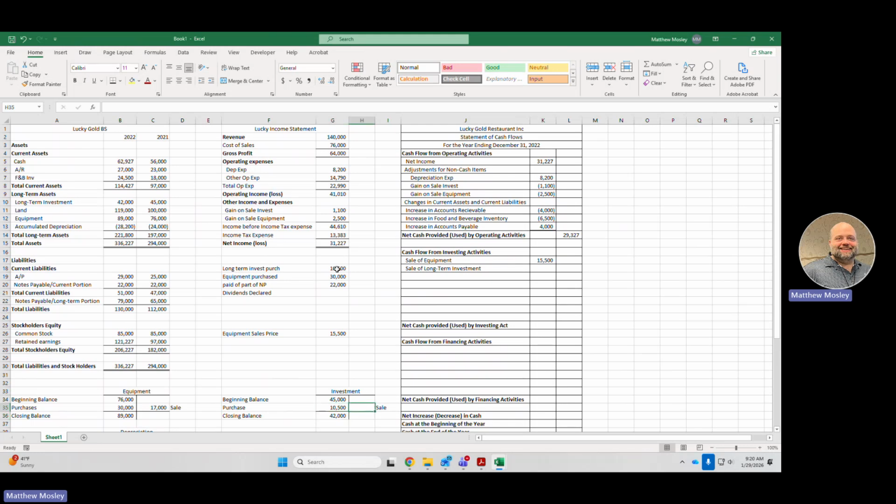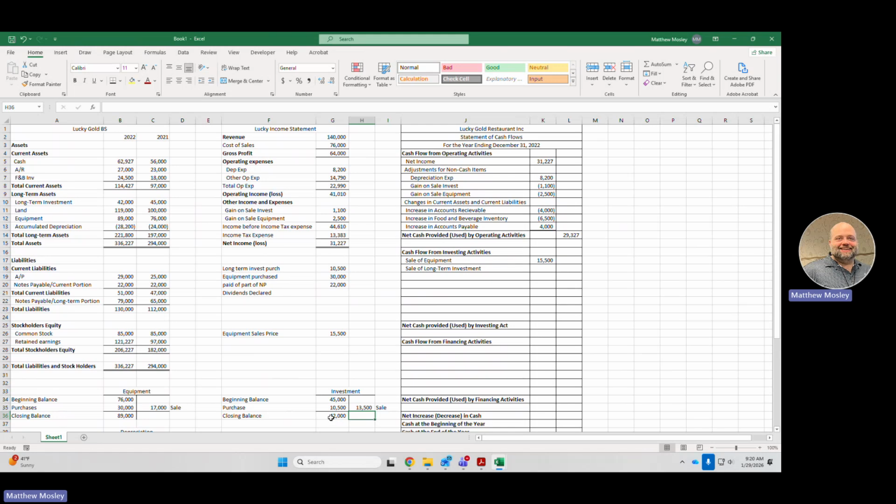To figure out how much the sales price is, we're going to do this plus this minus that. Because when we add up these and we subtract that, our closing balance will be that. It's just some basic algebra going on.